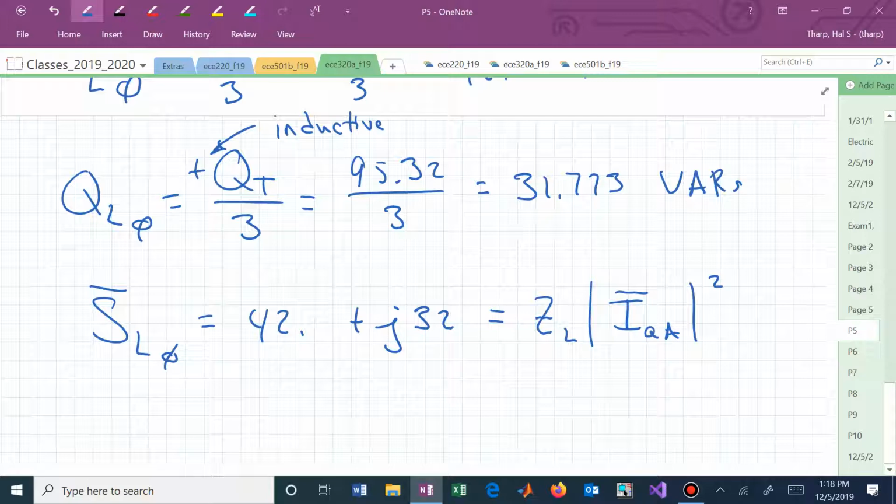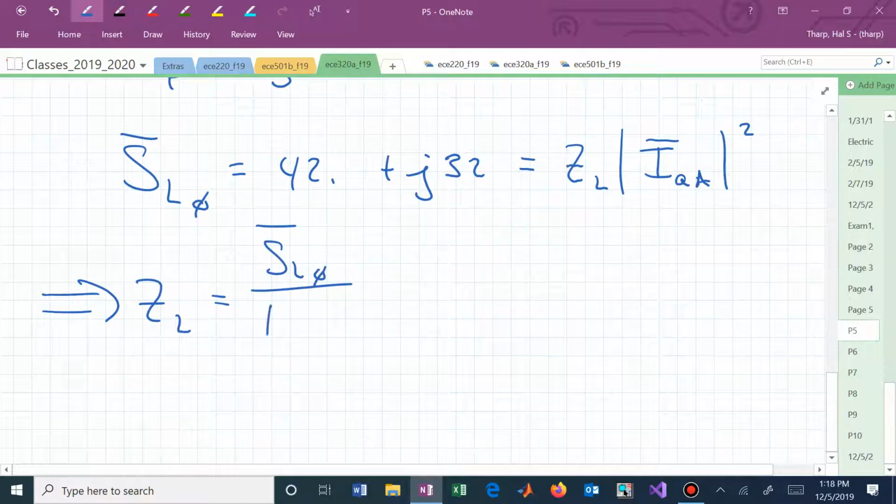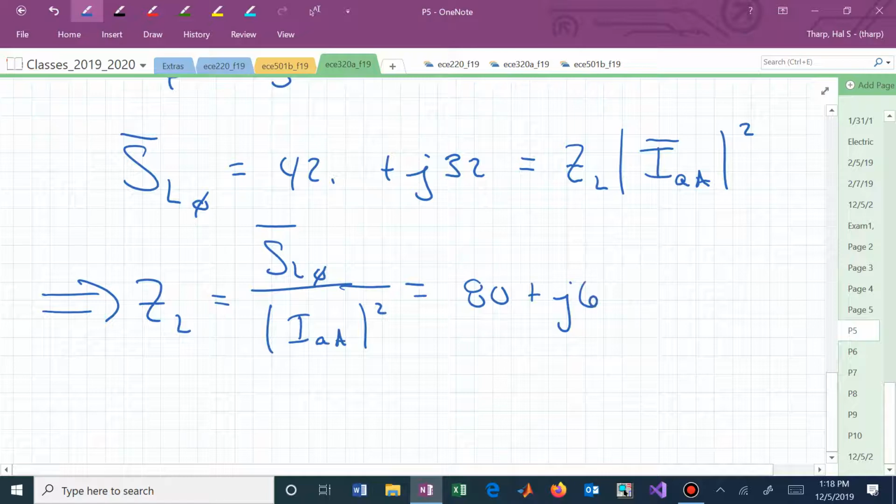And we were given that I sub AA magnitude. That was the 0.722. The only unknown now is Z sub L, and it's going to come out to be a complex impedance, which is good. If we now divide that out, we have this Z sub L phi over I sub AA squared, and that ends up being something a little nicer if you use all the decimal places, 80 plus J60.